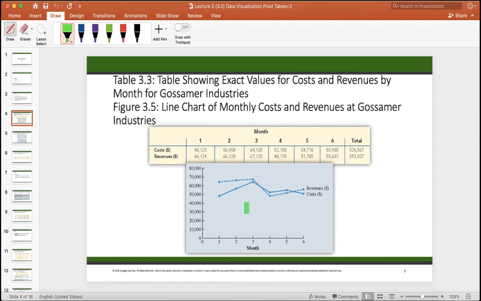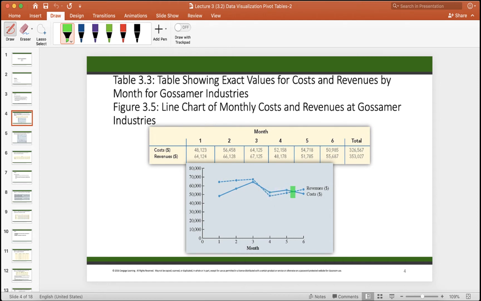Now, from the chart, I can see very quickly that revenues, the broken line, exceed costs for this period of time along here. And then at some point here, after about the third month, you see that the costs exceed the revenues for some period of time, all the way through to about here.